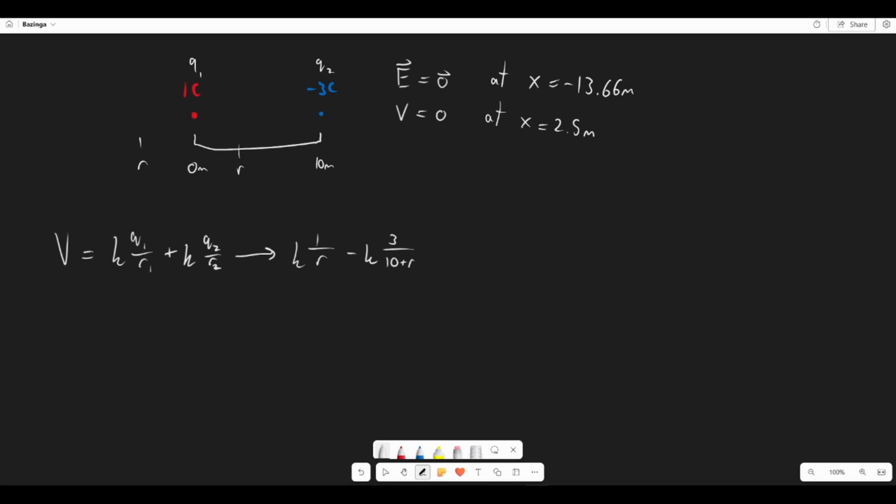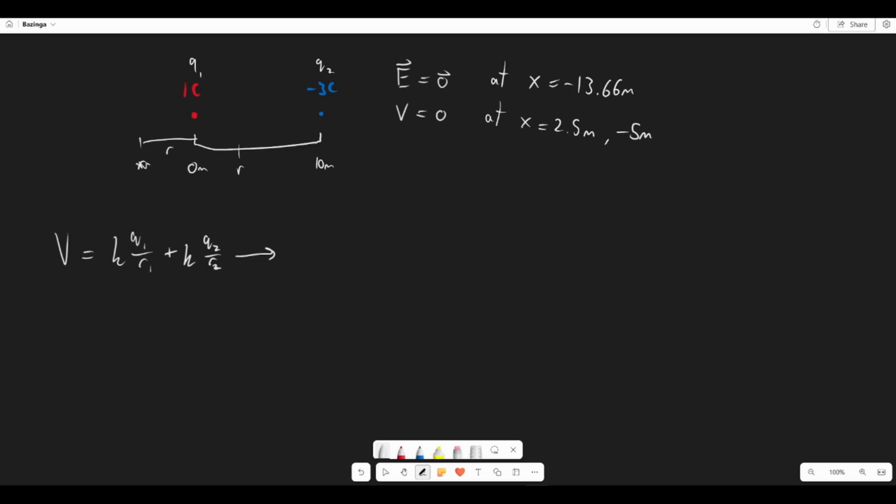So maybe we shouldn't write this as r, but rather this length as r. Now setting this equal to 0, again, we can cross out the k's, cross multiply, do all the usual stuff, and we get 10 minus 2r equals 0, or r equals 5 meters. And remember, since r was the positive distance, but since it was towards the left, we'll write minus 5 meters.